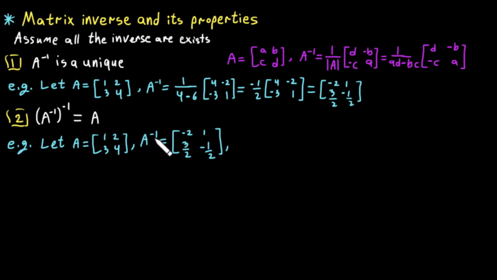Now, if I take the inverse of this A inverse, I will get back this A. Let's try it. So A inverse, power inverse. So I will put this A inverse.